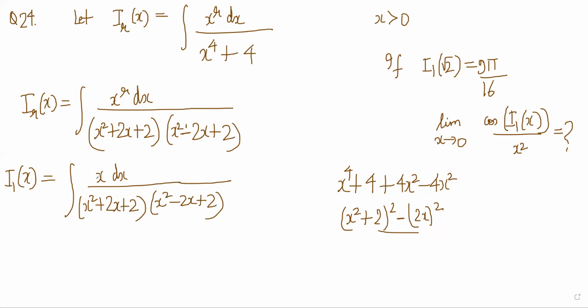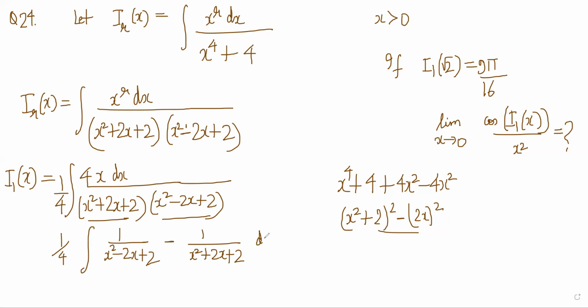So how do I get an x here? I can write the top as 1 by 4 into 4x, and this minus this is equal to 4x, right? So I'll get 1 by x square minus 2x plus 2 minus 1 by x square plus 2x plus 2, and 1 by 4 of that.